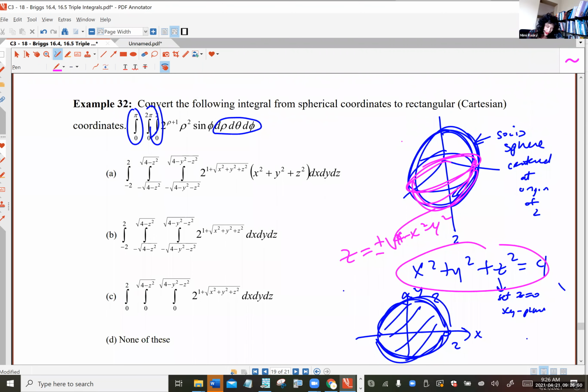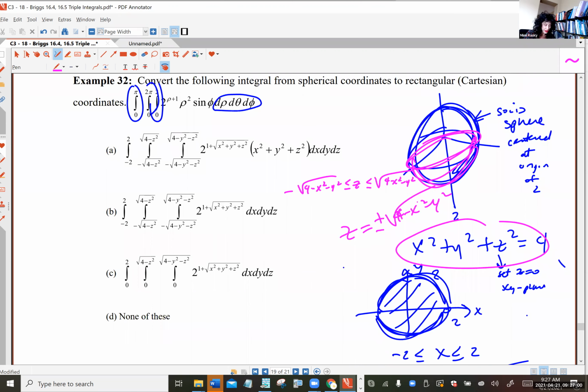So z ranges from the lower hemisphere all the way up to the upper hemisphere. Look at all of these choices, and it doesn't look like any of them do that. Why not? Because they're dx, dy, dz. Yeah, that's a bummer. But you can use this thinking if you turn sideways.